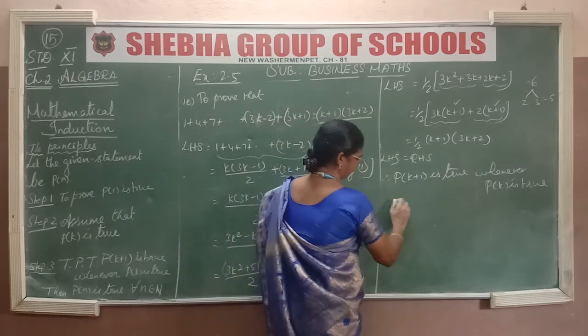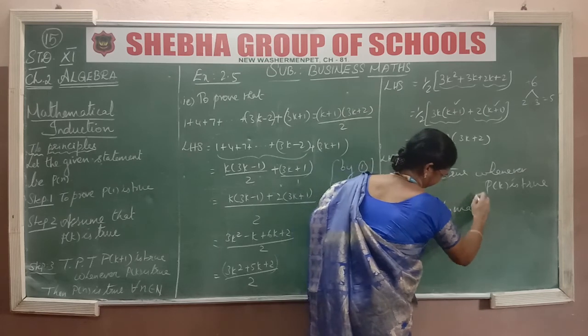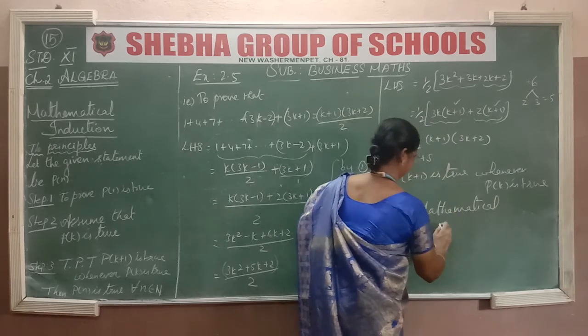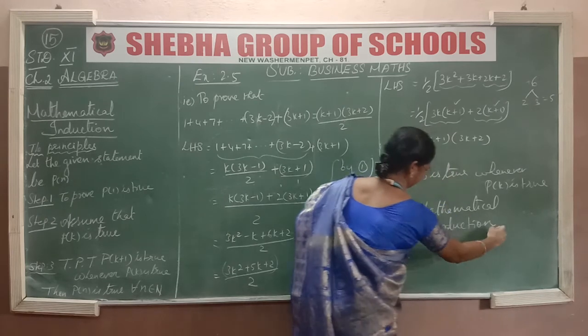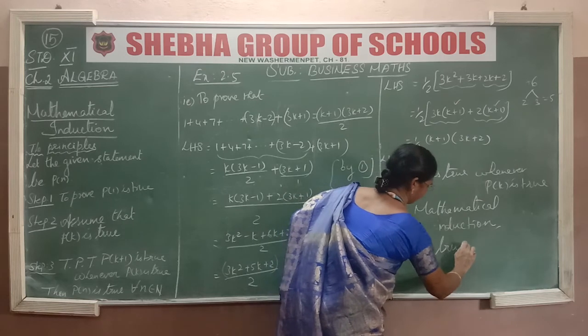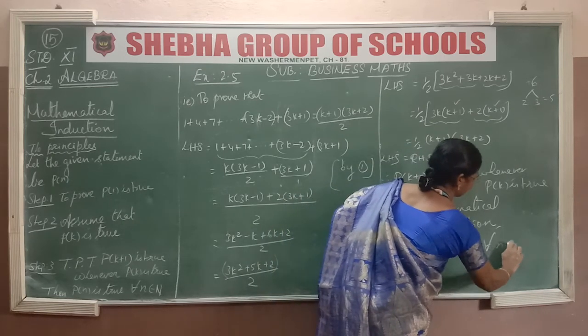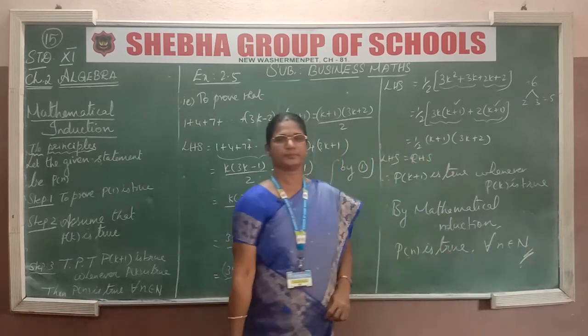So therefore by mathematical induction, P of n is true for all n belongs to the natural numbers. Understood this?